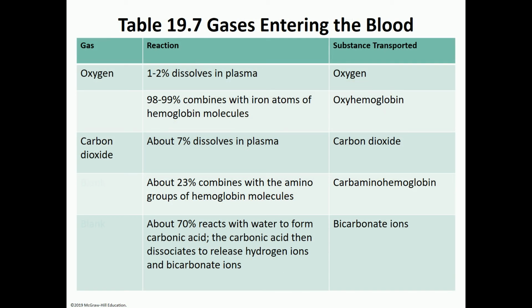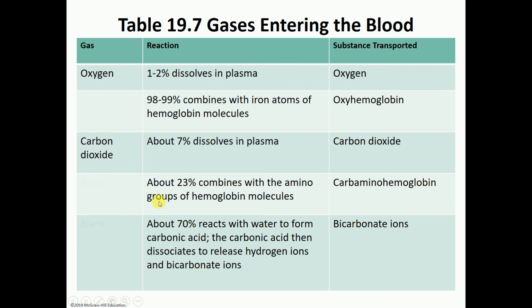So for the gases entering the blood, oxygen, about 99% combines with the iron atoms found in the hemoglobin molecule to make oxyhemoglobin, while the remaining 1 to 2% dissolves in plasma as oxygen.